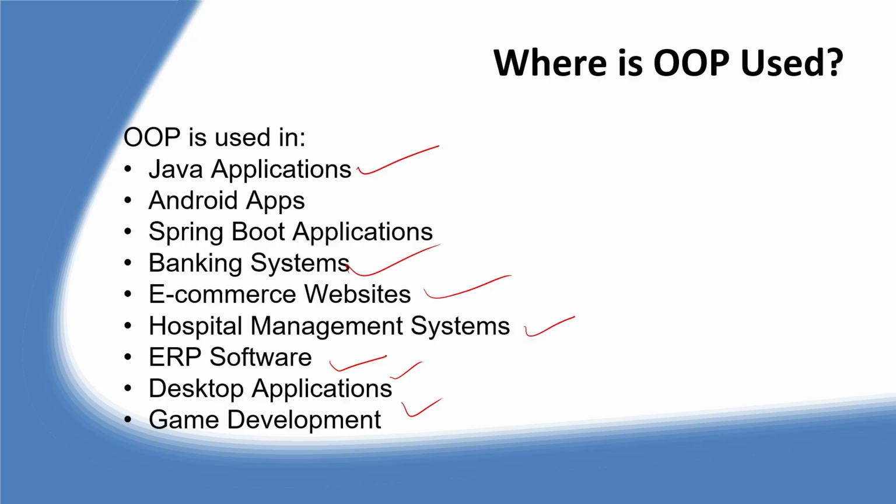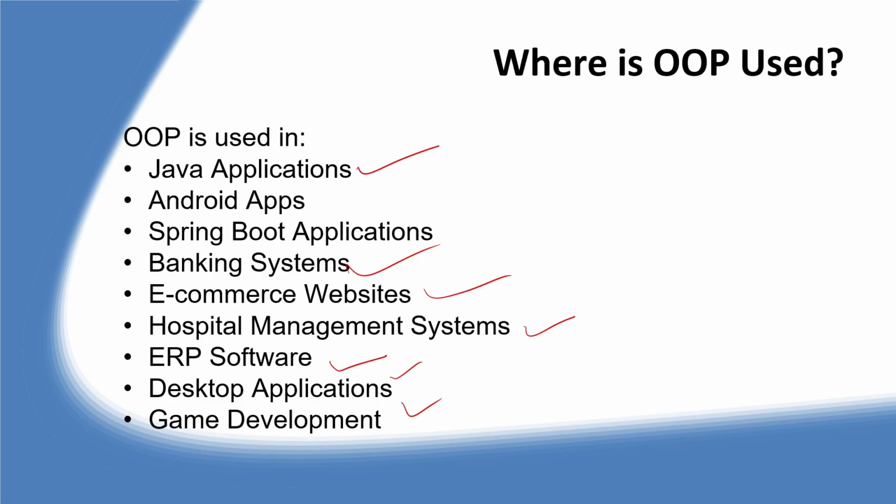Let's quickly summarize what we have learned so far. We have seen what object-oriented programming is, what a class is, what an object is, and the real-world example of a car, and real-life objects like BMW, Audi, Tesla. We have seen how a class has properties and behaviors and why that is important.